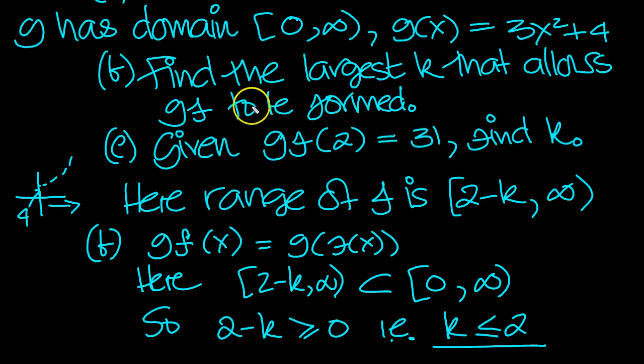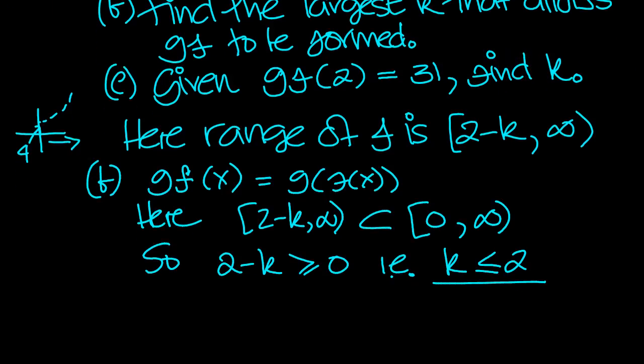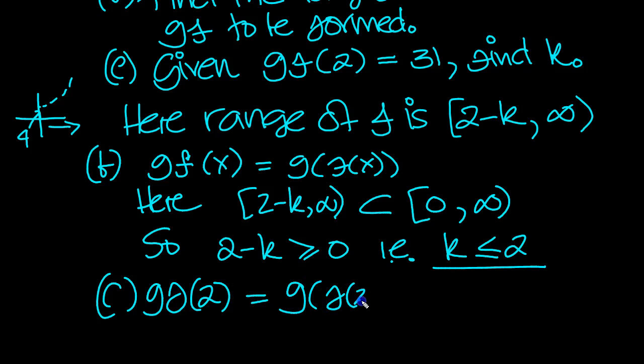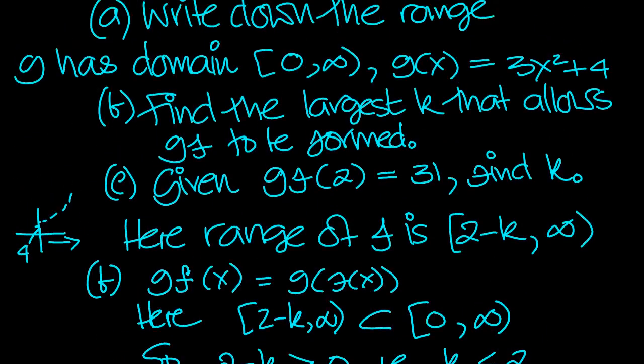Given that g of f of 2 equals 31, find k. So part c now. g of f of the value 2 is equal to g of f of 2. Now, where's f of x?